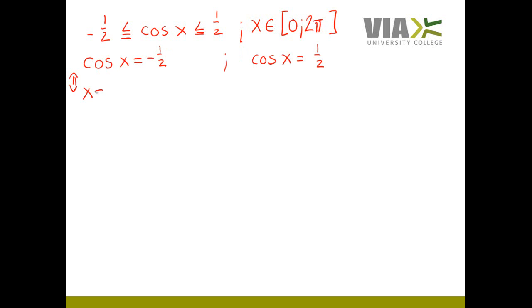You recall from when you learned how to solve trigonometric equations that cosine x equal to negative half gives x equal to plus minus 2 pi over 3 plus p times 2 pi, which we put in as the general solution to start with. And over here, if cosine x is equal to positive half, then x is equal to plus minus pi divided by 3 plus p times 2 pi.